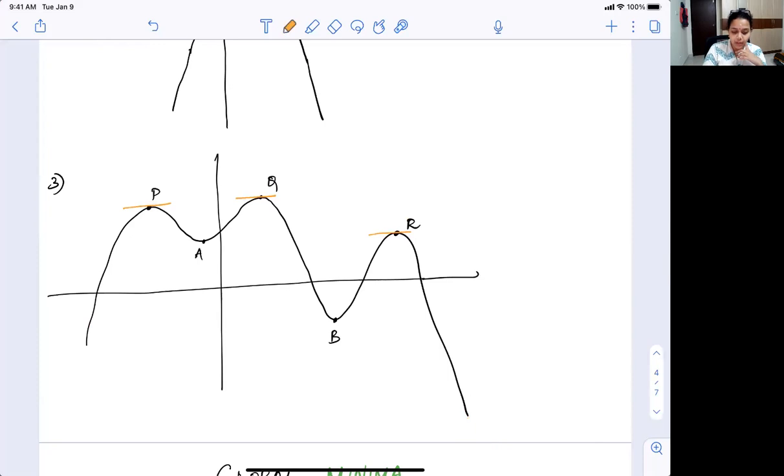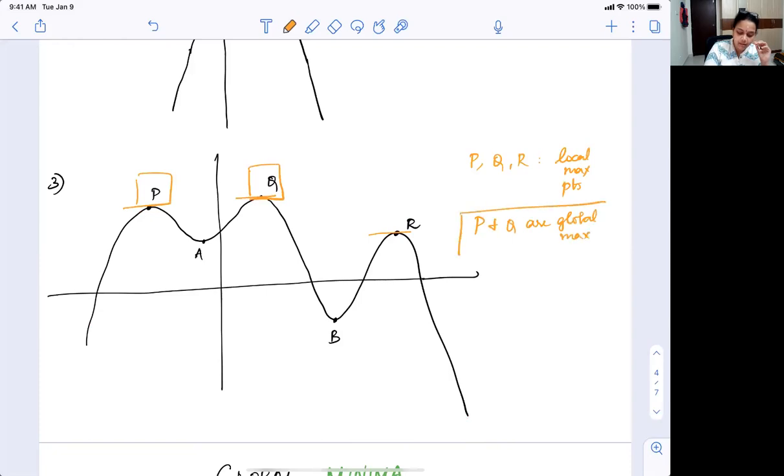So we have P, Q, and R are the local max points. And we notice that at P and at Q, the value of the function is actually greater than it is at the point R. Therefore, P and Q here are global maximum points. But then again, the best way to verify this is to sketch the curve fully, but we don't have access to that information.